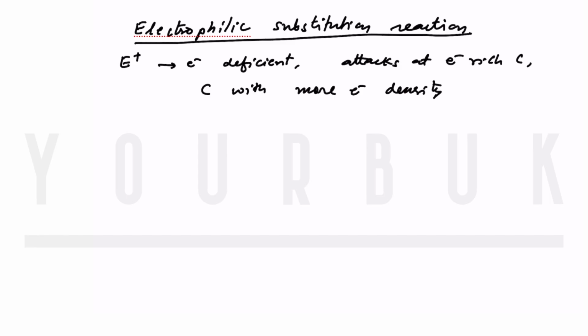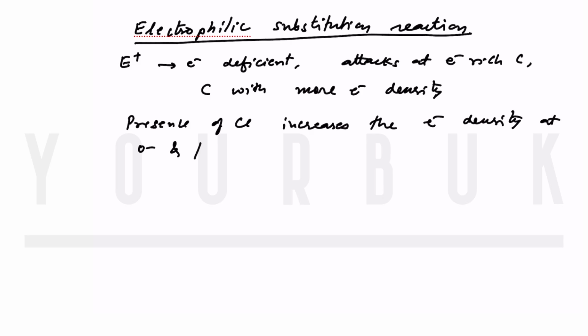Now if you look at the resonating structures of chlorobenzene, the presence of chlorine increases the electron density at ortho and para positions due to plus R effect.